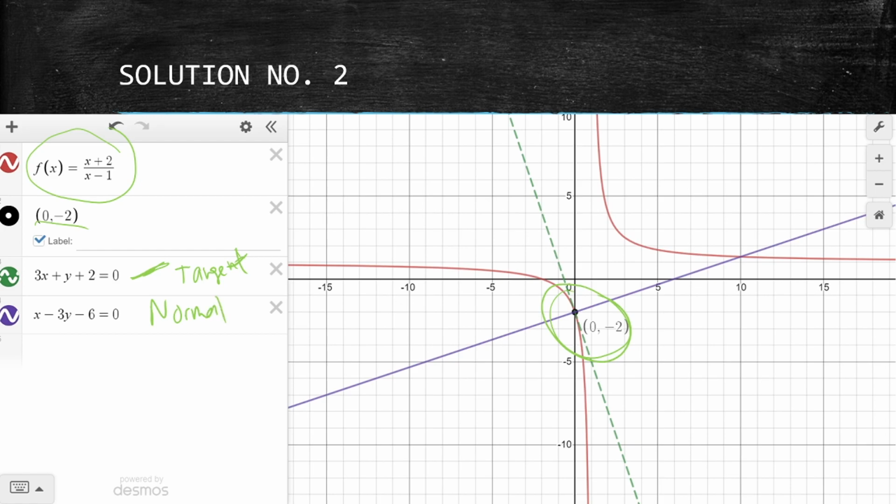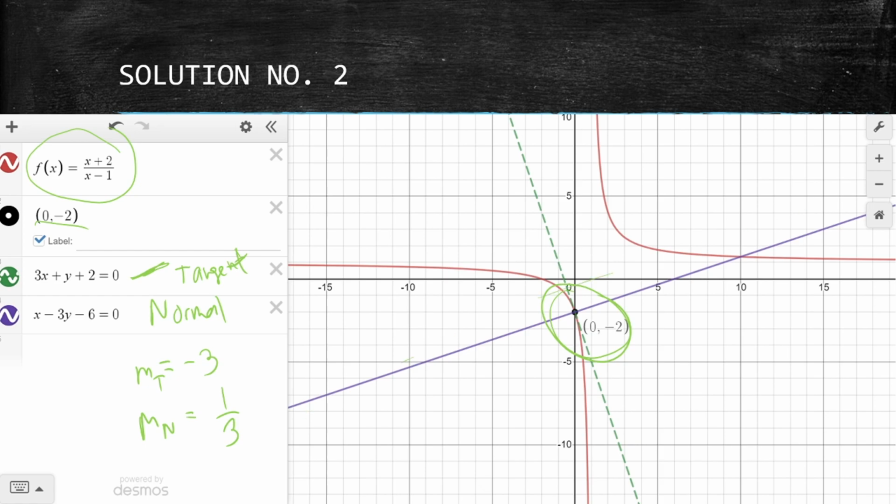Obviously from our solution, we know that the tangent line's slope is -3, and as you can see, the line is going downwards, decreasing. That's why it's -3. Take note, if the slope is negative, then it's decreasing, it's going downwards. And for our normal line, we know it's 1/3, it's positive, so it's increasing.